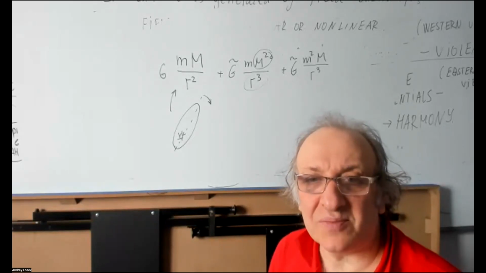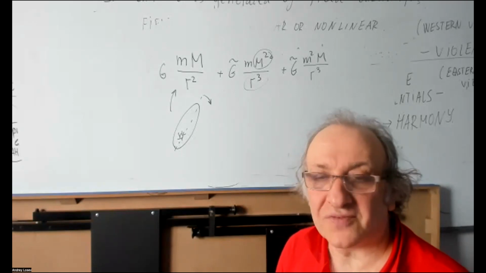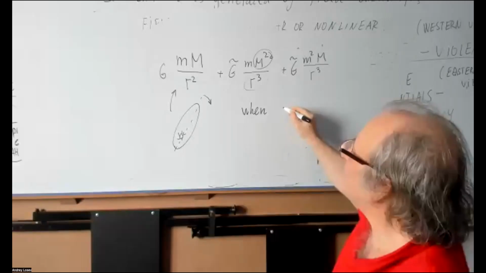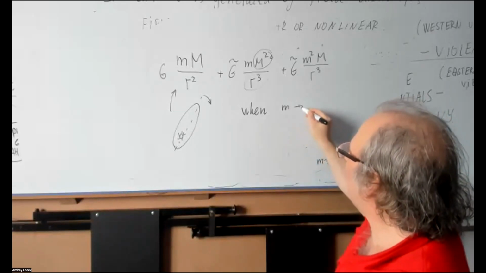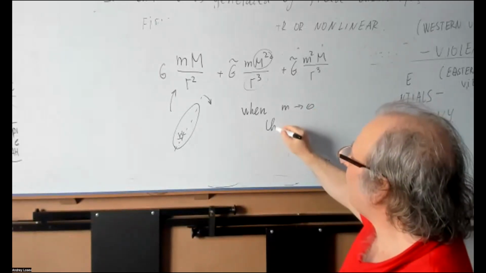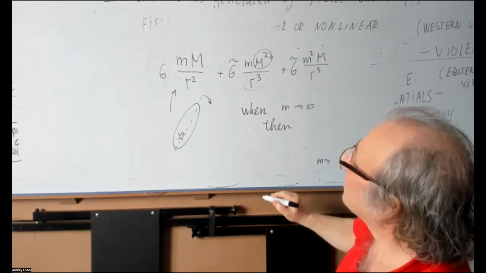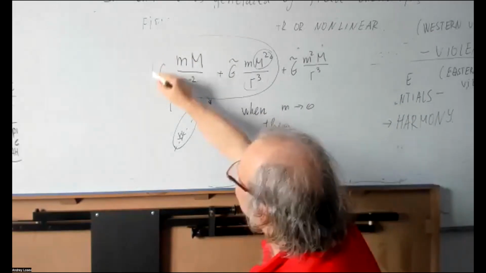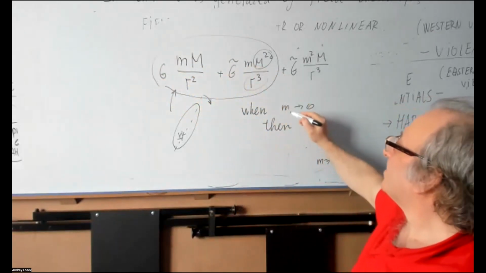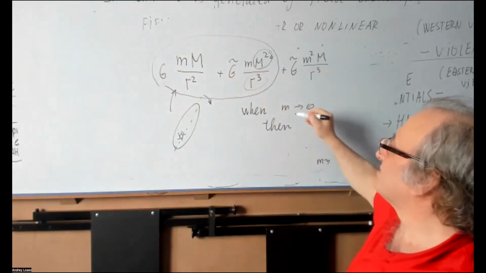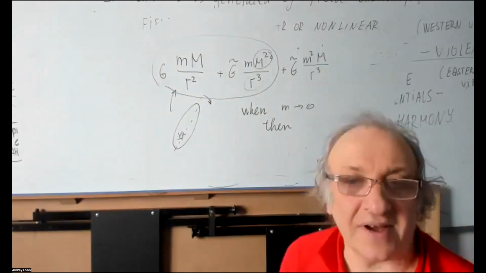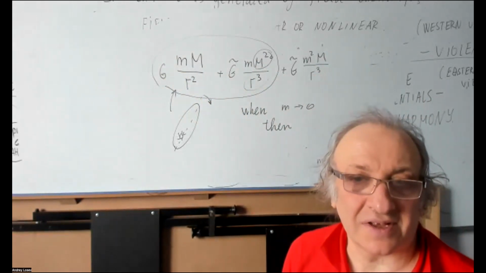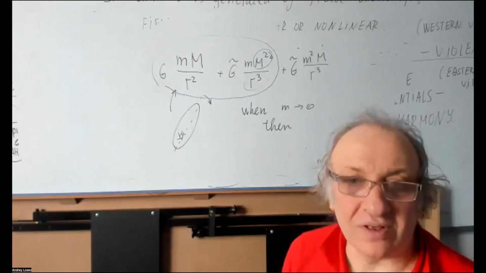So the Einsteinian principle should read as follows: when m goes to 0, there is a universal term. Only if we ignore the self-effect of the mass that comes to the body. Only in this case.